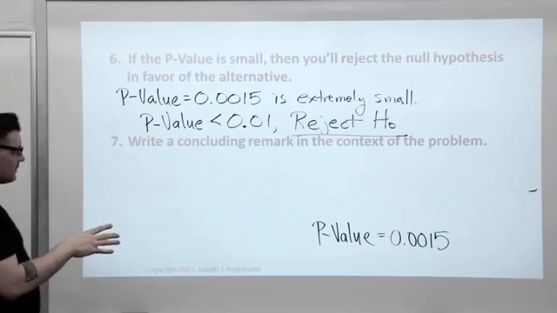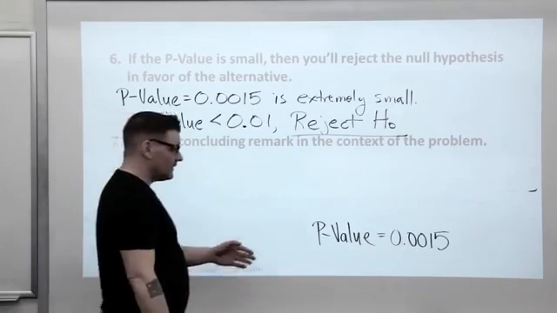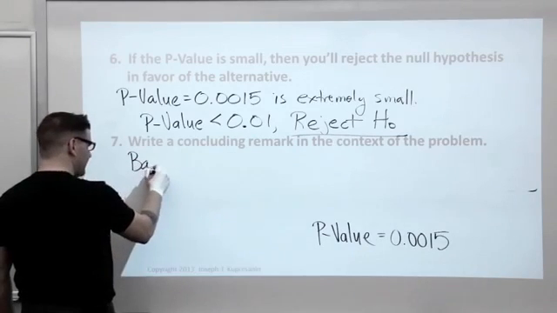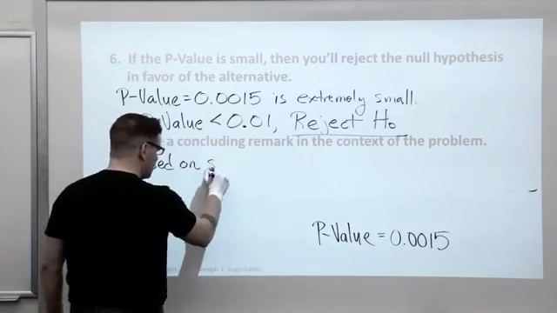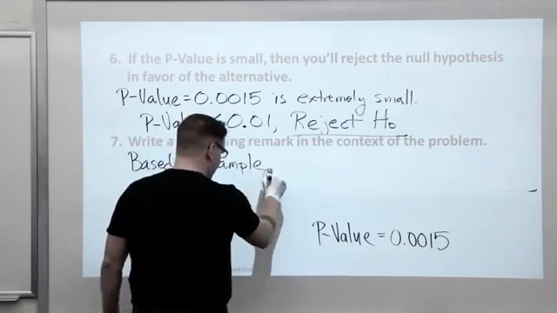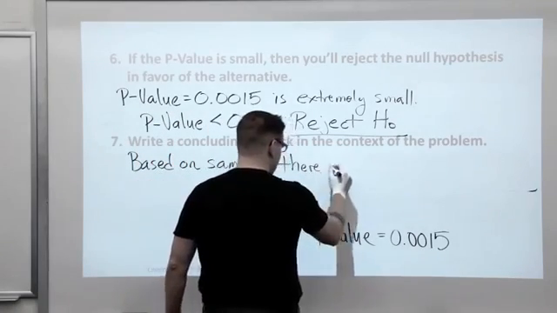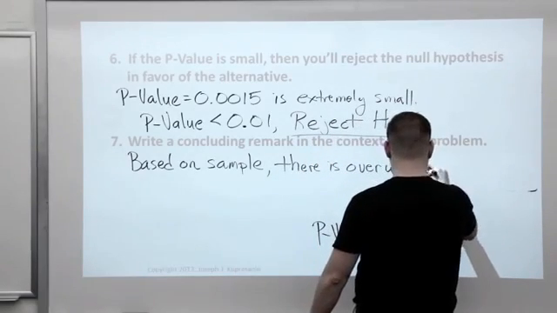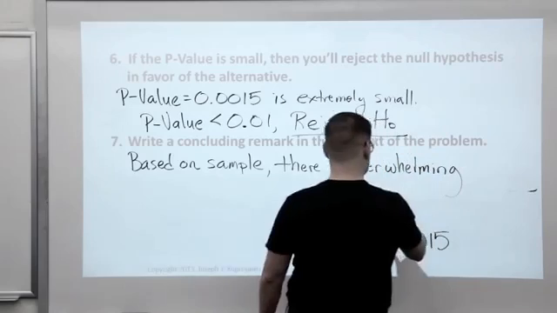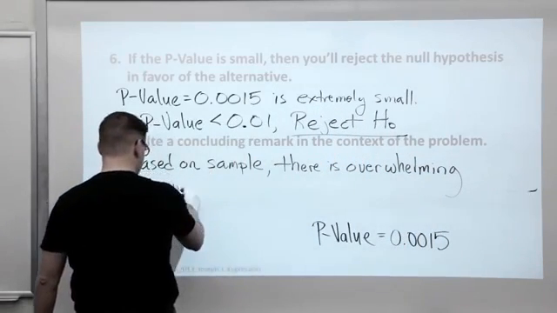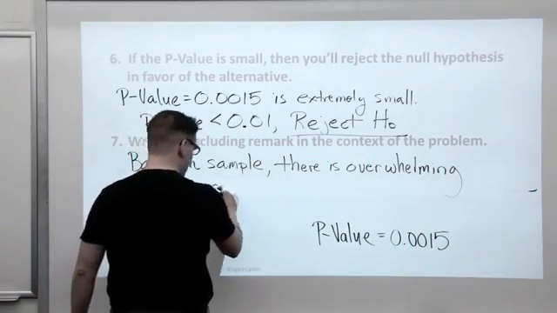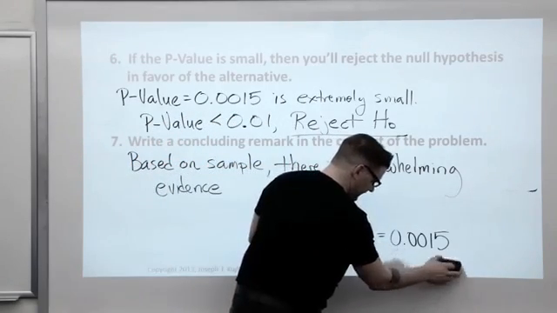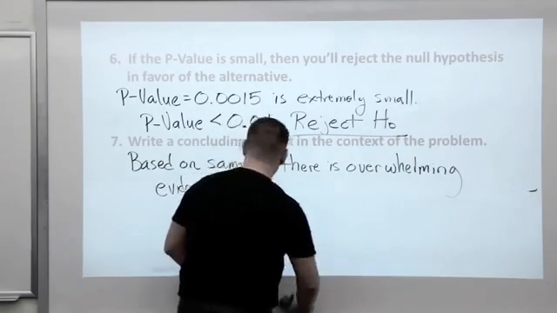Write a concluding remark. This is overwhelming evidence. Maybe I'll even say that. Maybe I'll say something like this. Based on our sample, there is overwhelming evidence. The overwhelming evidence is me looking at this p-value after I ran through the hypothesis test.